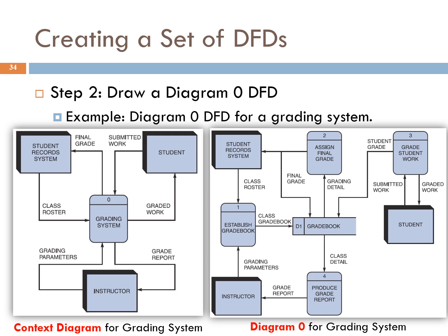It's as if you zoom into process 0, then you get diagram 0. Diagram 0 is actually an explosion of process 0. So when you zoom into process 0, you'll get diagram 0, and in diagram 0 you can see there are more processes, but the number of entities is still the same as in the context diagram.